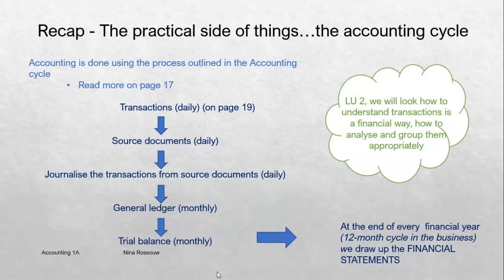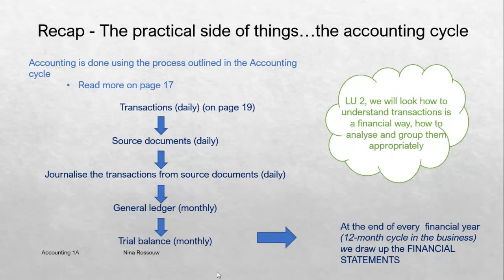Then at the end of the month, we transfer the totals from those journals into our general ledger, and that occurs on a monthly basis. And then we transfer the balance from our general ledger to our trial balance, which is a summary of all the general ledger balances for a specific month.